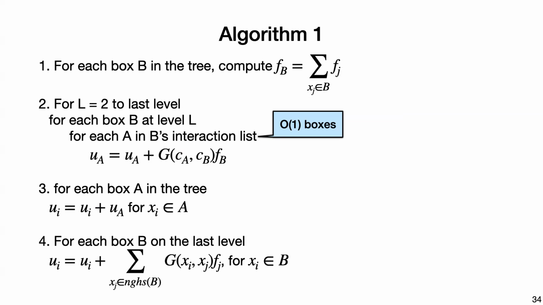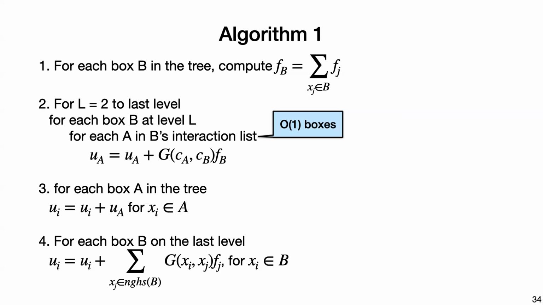We have just said that this for loop has order 1 iterations. So the time depends on how many levels and how many boxes there are at the levels. This is aggregating some far approximation onto every box. So every box is both the source and the target.